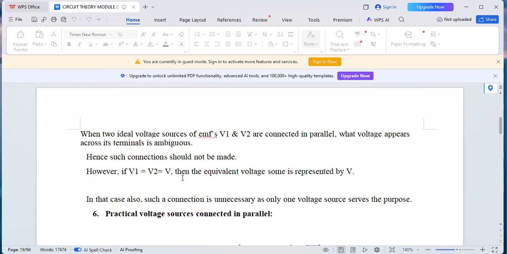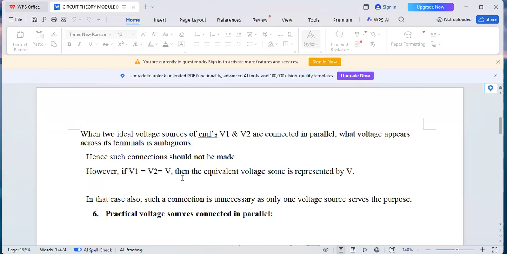Sometimes you see them connected in series and parallel. If it is 12 volts and you put another 12 volts in series with it, that means we are getting 24 volts. They were not having one battery as a 24 volt battery, so they have to cascade by adding in series: one 12 volts plus another 12 volts, making 24 volts.